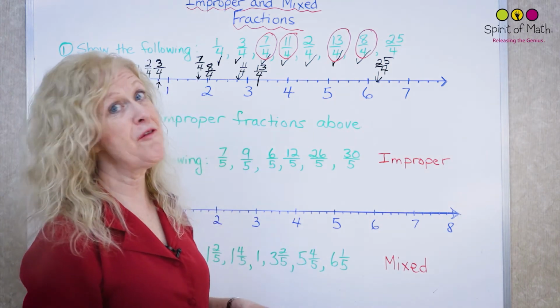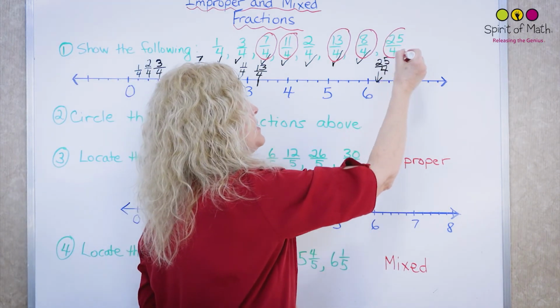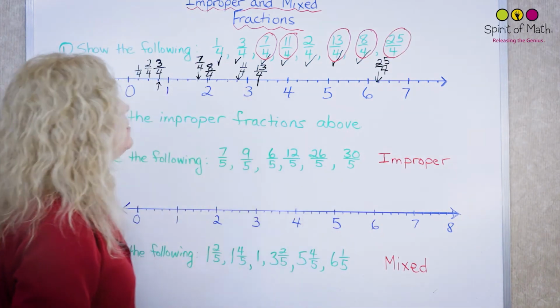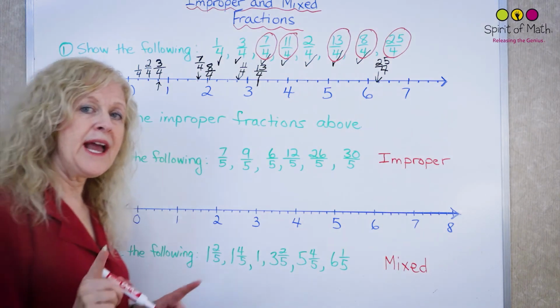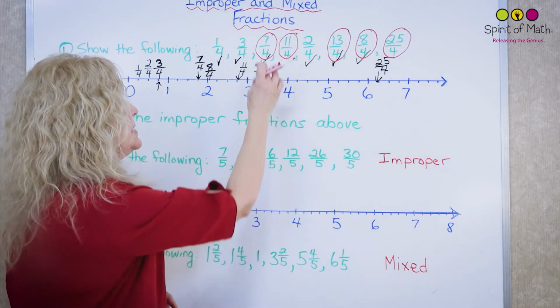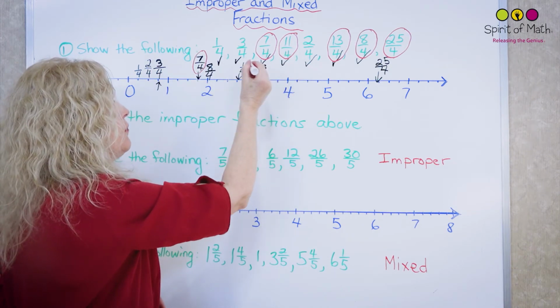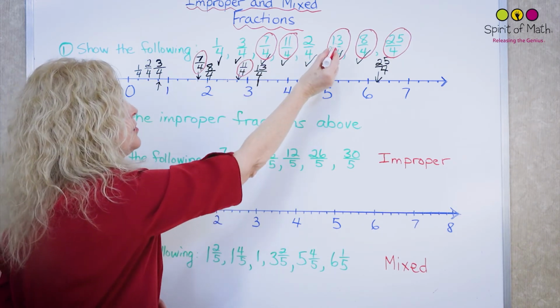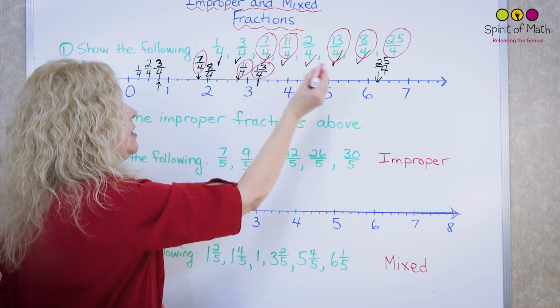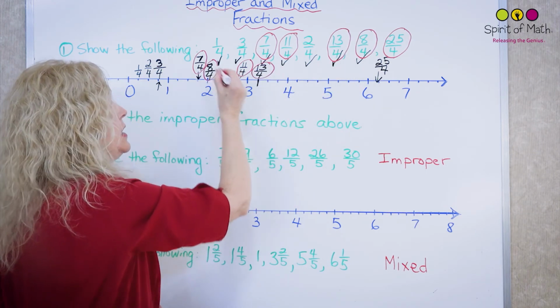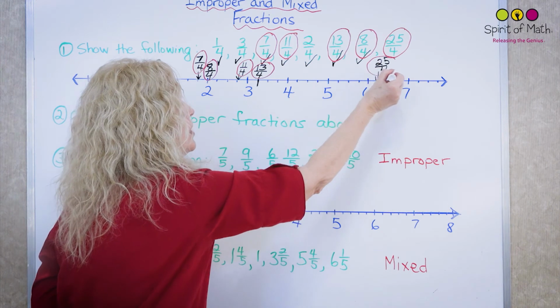And 25/4 is improper. That 25 is larger than the 4. Now, let's go back and look at these ones. 7/4 is right here. 11/4 is right here. 13/4 is right here. 8/4 is here. And 25/4 is here.